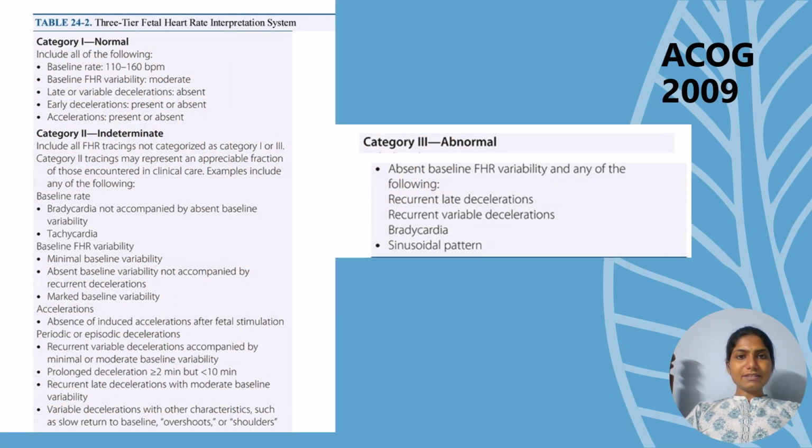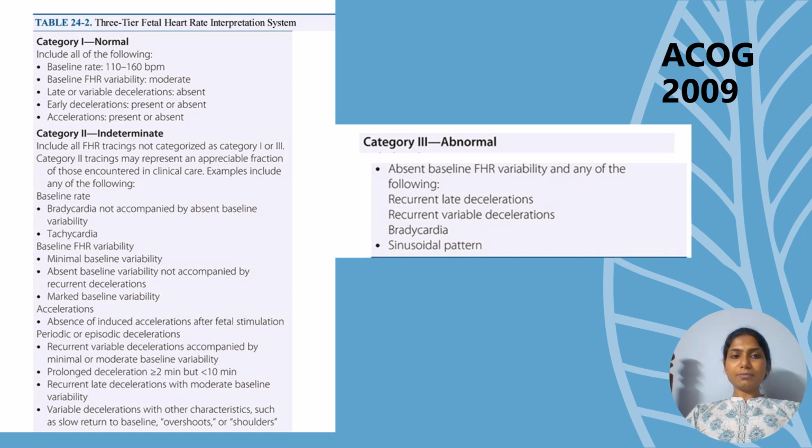Now, after understanding the components of CTG, we have to see how to interpret it. For this, there are different guidelines: ACOG guidelines, FIGO guidelines, NICE guidelines, but we have to go in chronological order. In ACOG, there is a 3-tier fetal heart rate interpretation system. Category 1 is the normal category, category 2 is indeterminate, and category 3 is abnormal.